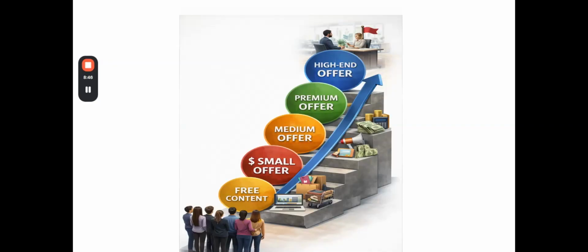If they sort of consume your free content but they haven't bought yet, we're going to do things like email them, contact them, and try to nurture that relationship to get them to buy the small offer or the low ticket offer.